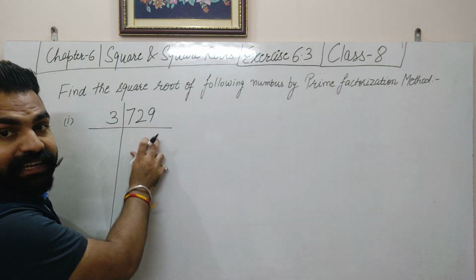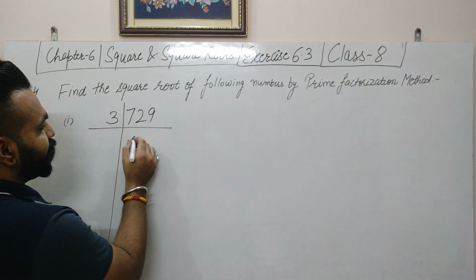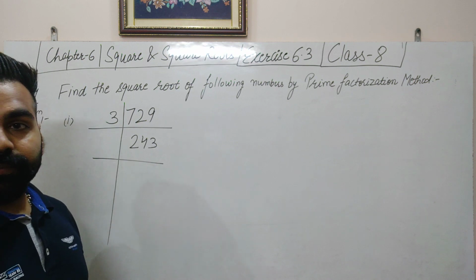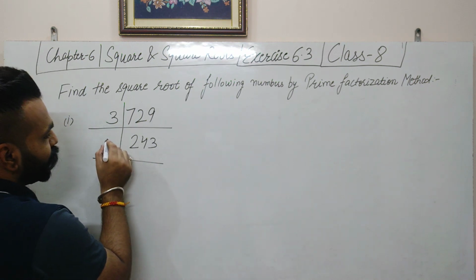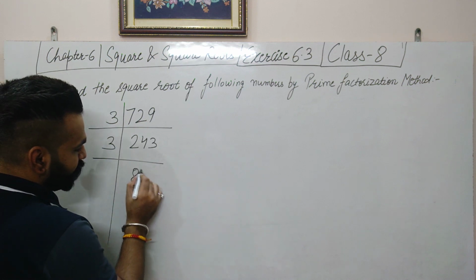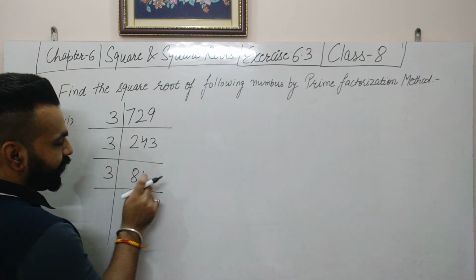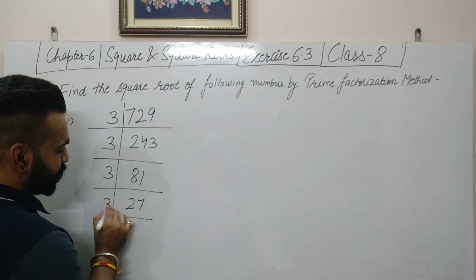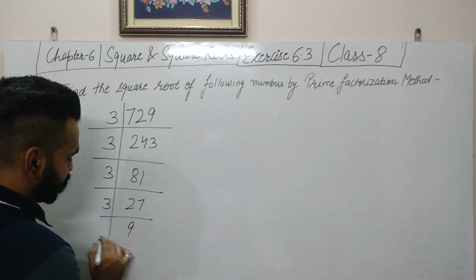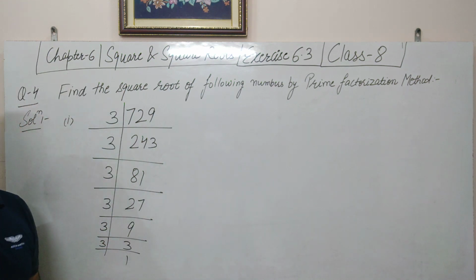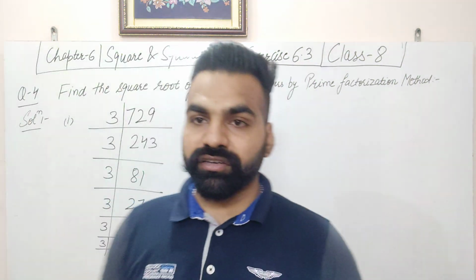On dividing 729 by 3, the answer will be 243, and the remainder will be 0. On dividing 243 by 3, the quotient will be 81. Again 81 by 3 is 27. 27 by 3 is 9. Here 3. So this is the prime factorization of 729.